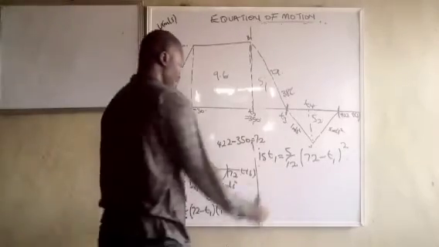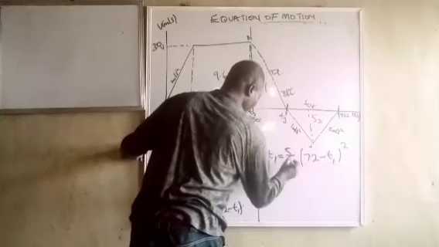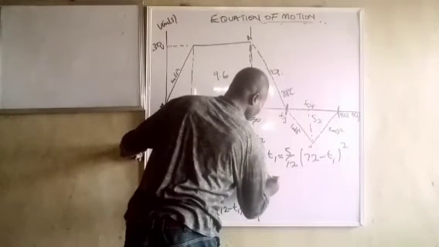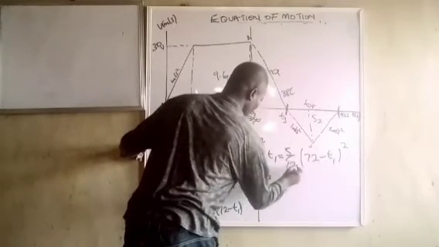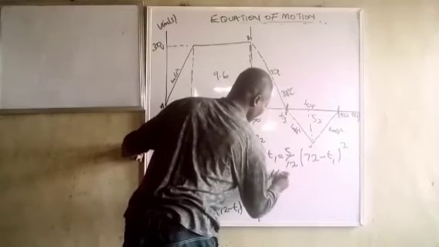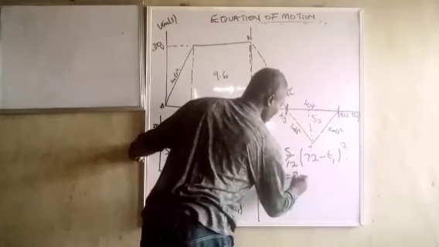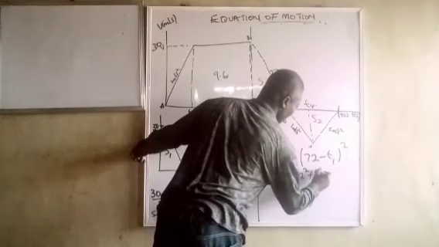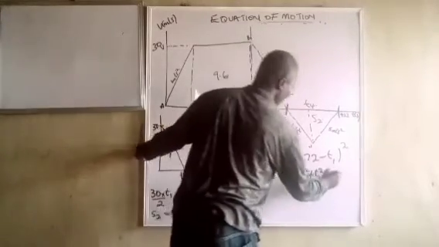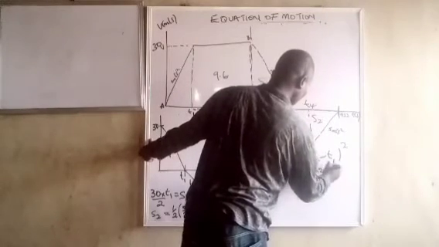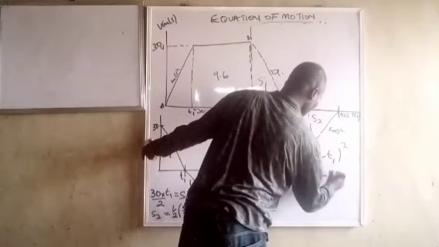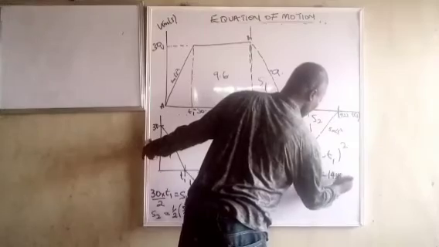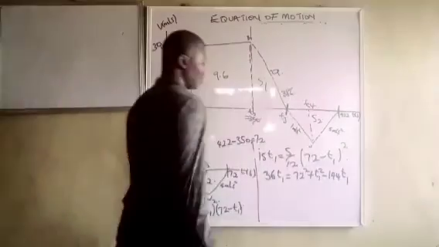And from here, you can see 36 T1 is equal to 72 squared plus T1 squared minus 144 T1.